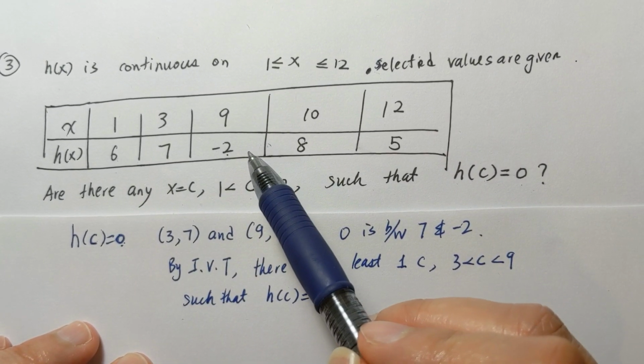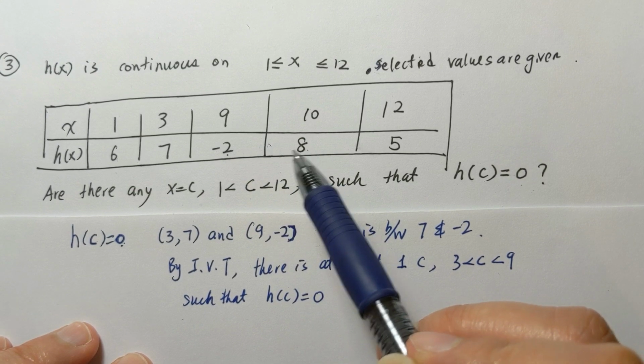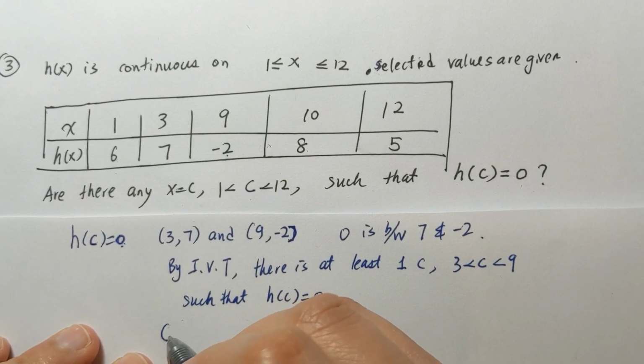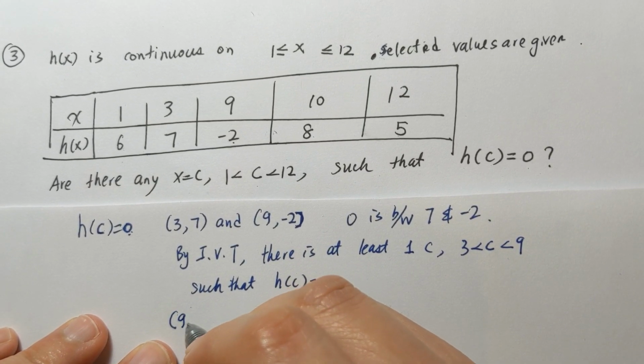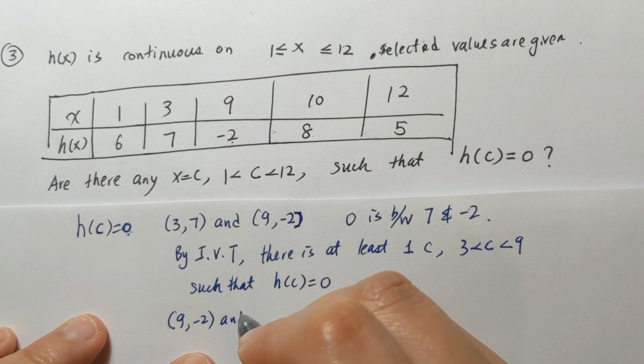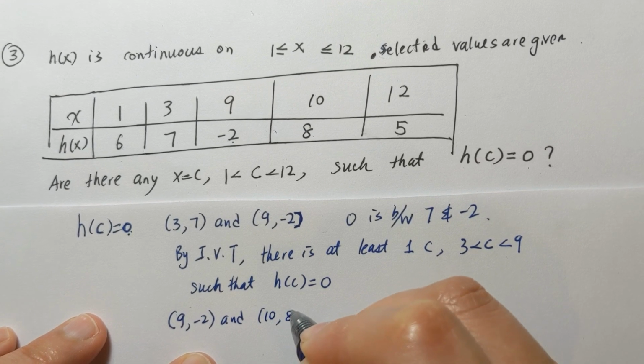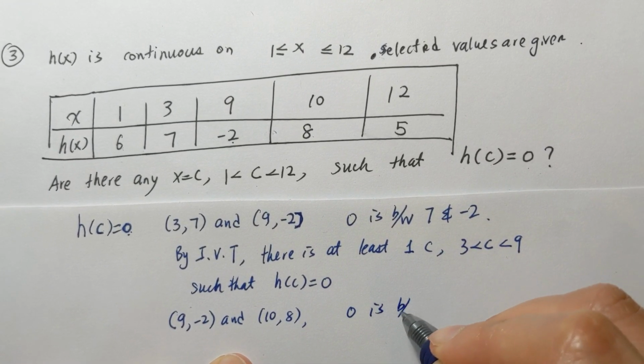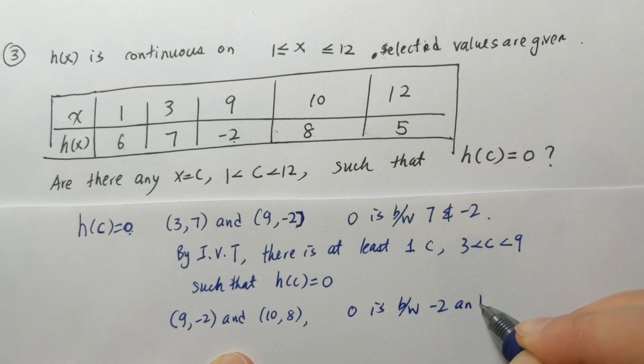Is 0 between -2 and 8? Yeah, correct. Is 0 between 8 and 5? No. So now we have another pair of points: 9 comma -2 and 10 comma 8. And 0 is between -2 and 8.